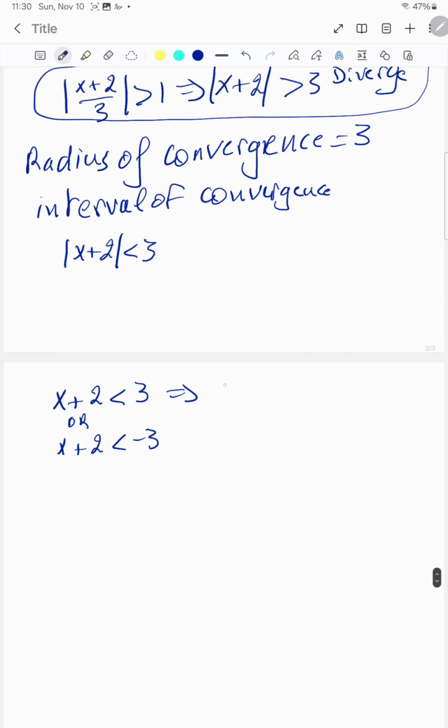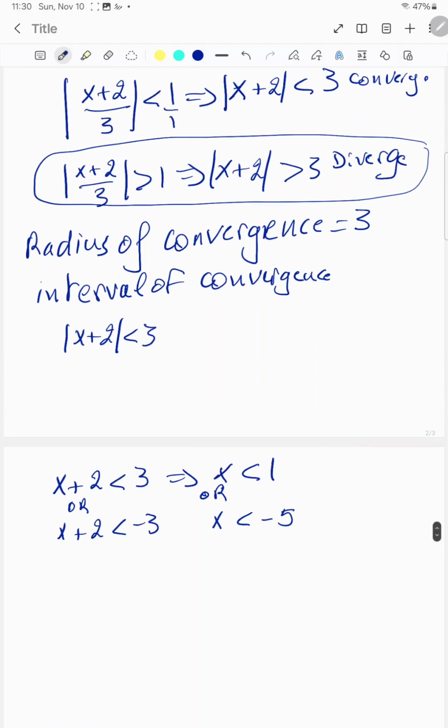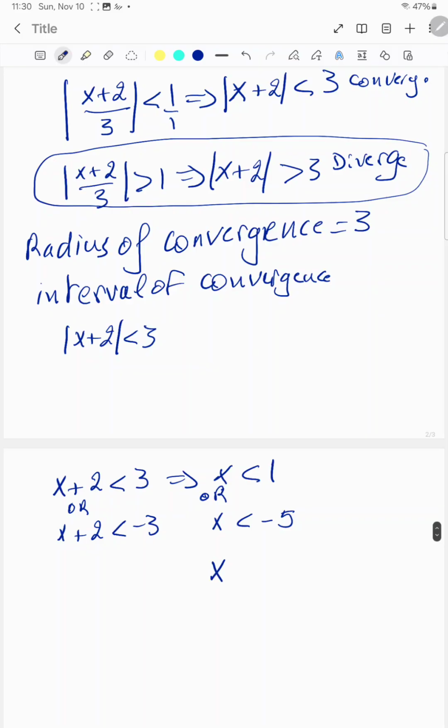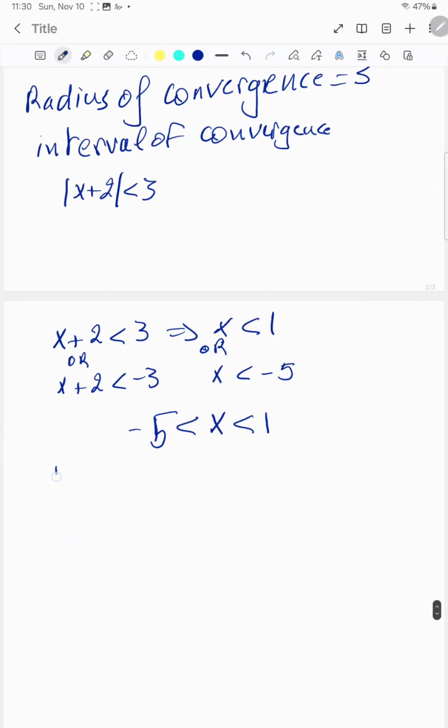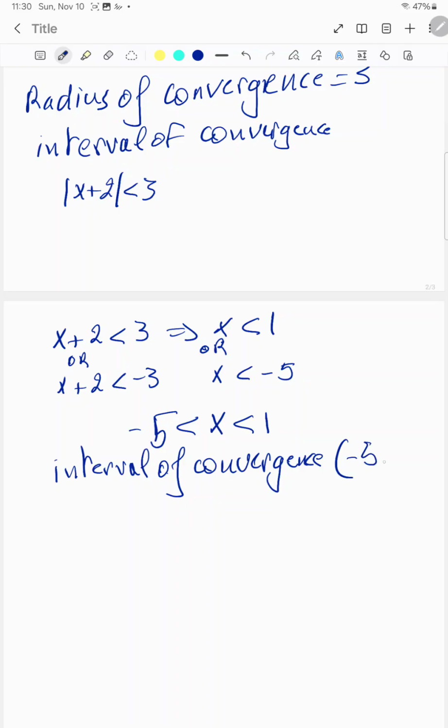So from here, x is less than 3 minus 2, which is 1, and x greater than minus 5. So my x is between minus 5 and 1, and my interval of convergence is minus 5 to 1.